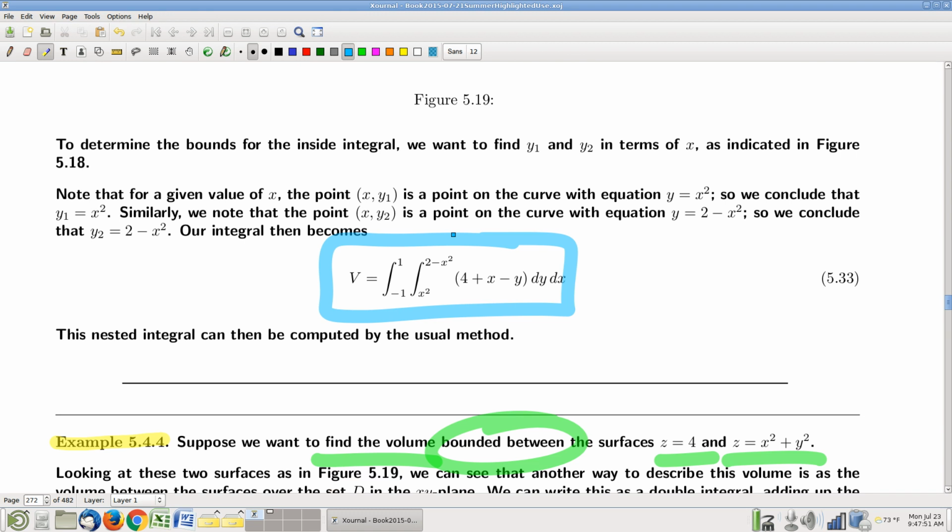That's nice. The bounds are polynomials. Keep in mind, whatever bounds are on this inner integral are going to be part of the result. That means the bounds on the inside integral are going to be part of your integrand for the outside integral.